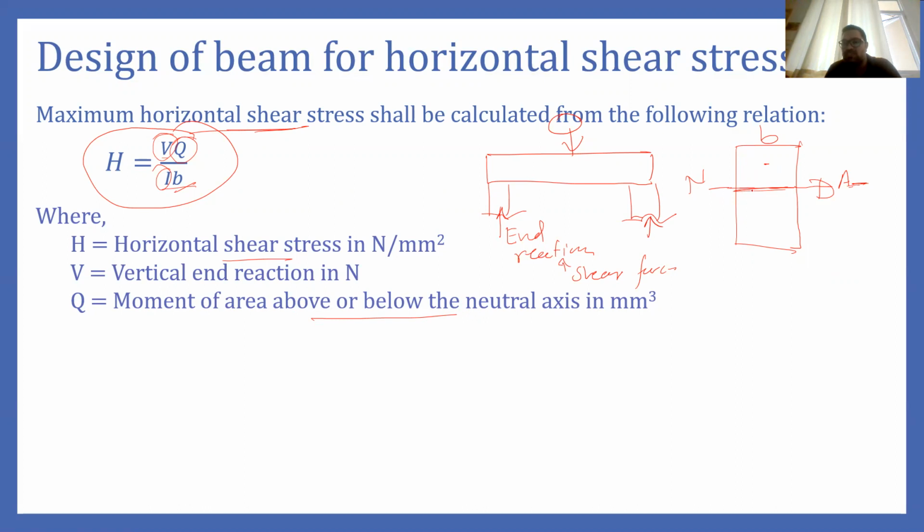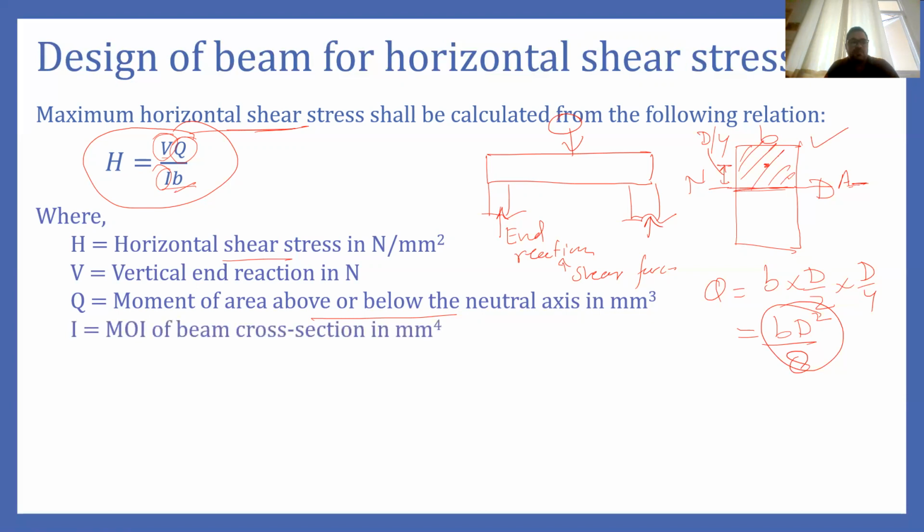So if we want the shear stress at the neutral axis, then the Q value will be the area of this part multiplied by the distance between the neutral axis and the CG of this shaded area. The CG of this shaded area will be here, and this distance will be d by 4. So the Q value for our rectangular section will be B into d by 2 into d by 4, which ultimately is BD square by 8. That will be the Q value in case of a rectangular beam.